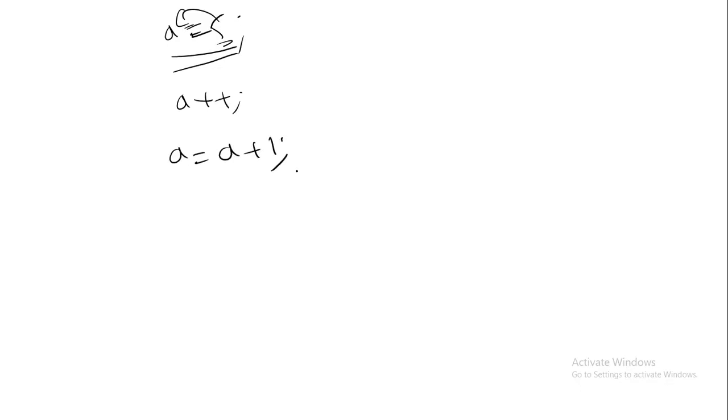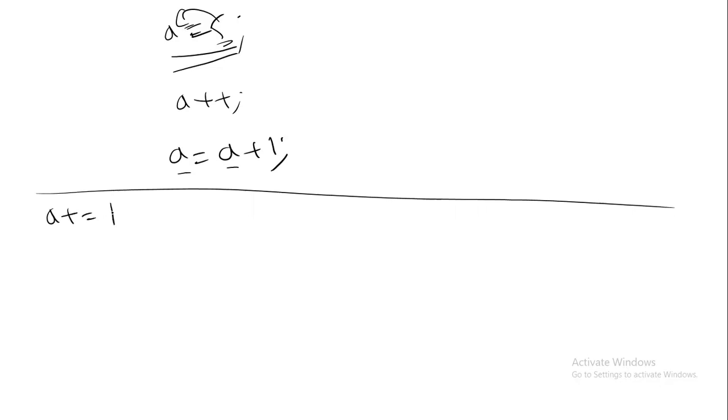Now A is equal to A plus 1 can also be written in some other way. Whenever you have the same variable on both sides, you can change the equation like this. You can write A plus equals 1. I'll write its equivalent code here. A plus equals 1 means A is equal to A plus 1.